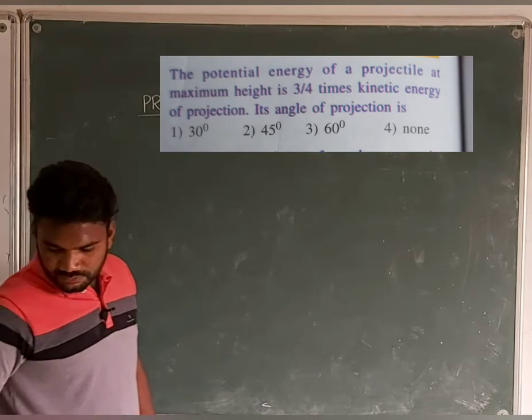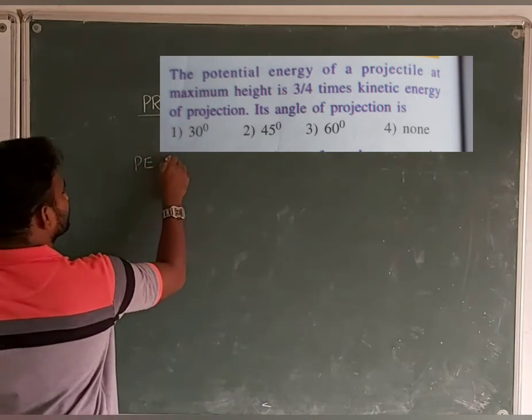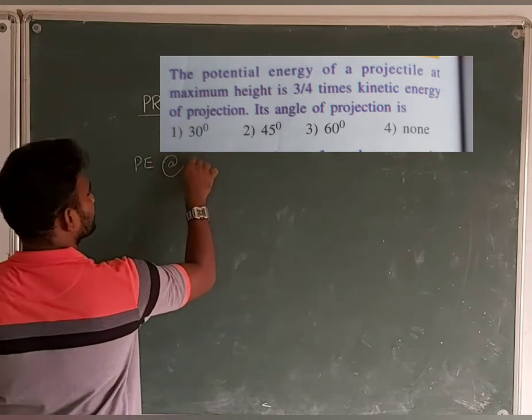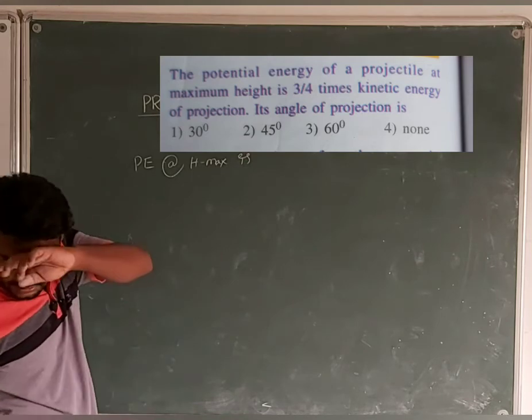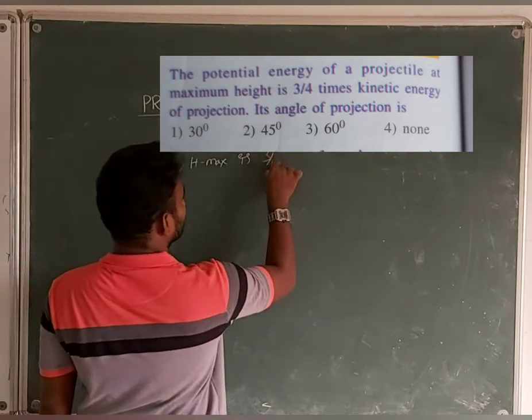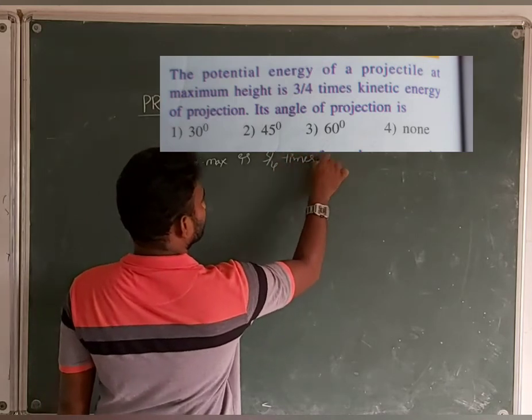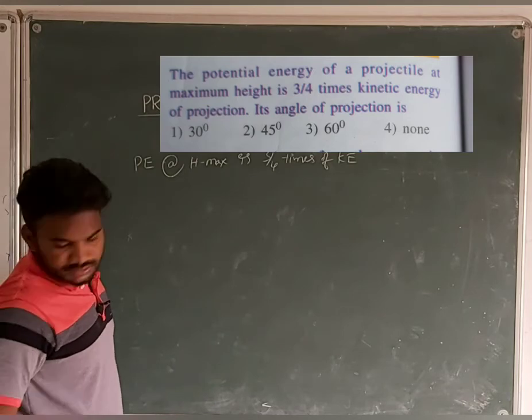The potential energy of the projectile at maximum height is 3 by 4 times the kinetic energy of projection.